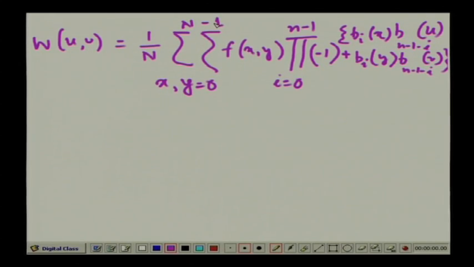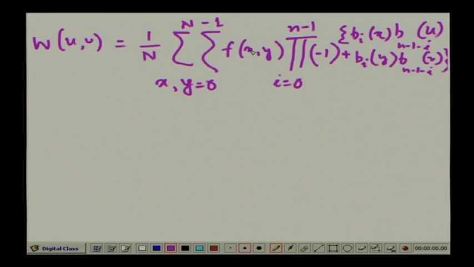And in the same manner, because the forward transformation as well as the inverse transformation are identical in case of discrete Walsh transformation, in the same expression if I replace f(x,y) by W(u,v) and the summation is taken over u, v varying from 0 to capital N minus 1, what I get is the inverse Walsh transformation, and I get back the original signal f(x,y) from the transformation coefficients W(u,v).